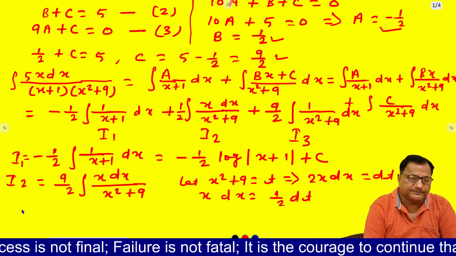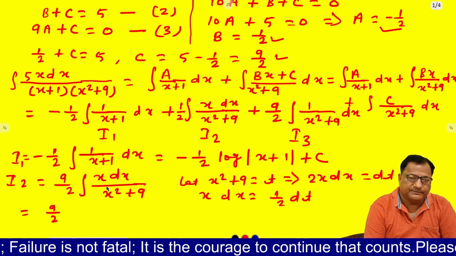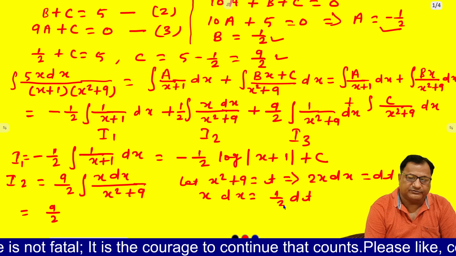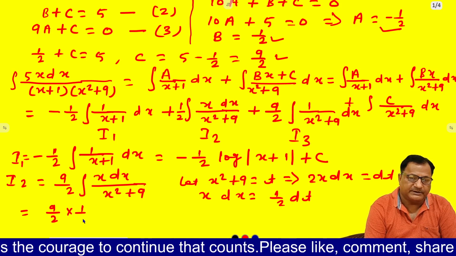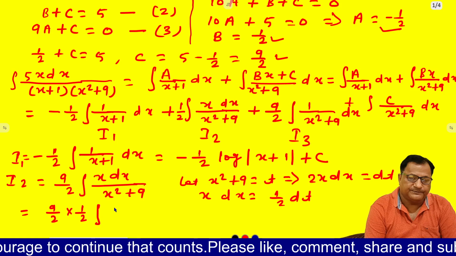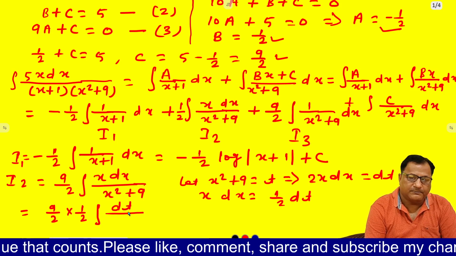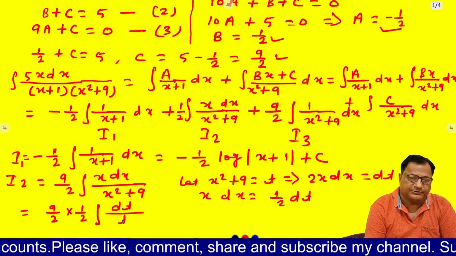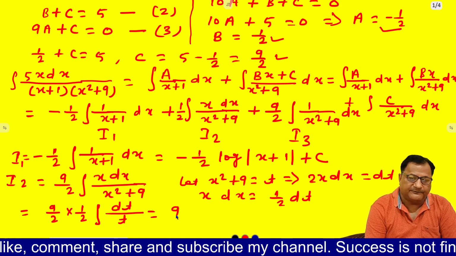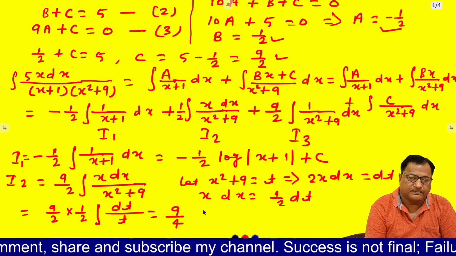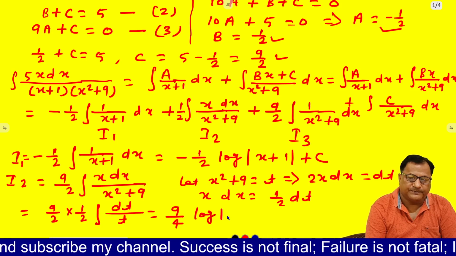Now we'll put this here: half comes outside, so 1 by 2 into dt by t, so this will be 1 by 4 log t.